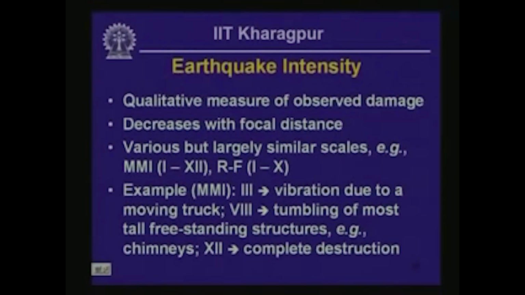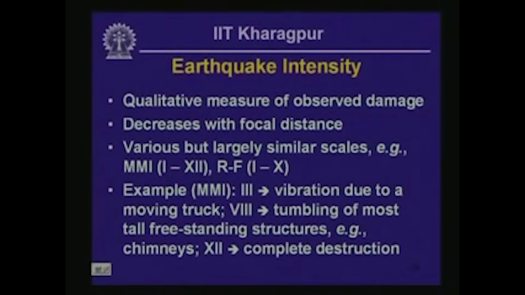There are various scales used for this particular purpose, such as modified Mercalli intensity, MMI, which goes from intensity 1 to intensity 12, or the Rossi-Forel scale that goes from intensity 1 to intensity 10. Intensity 1 is the weakest earthquake, whereas intensity 10 or 12 indicates the strongest shaking at a given site.